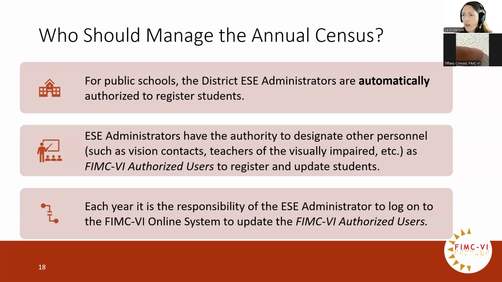So if you are on here and you are with a charter LEA, a private school, or an agency, the administrator of that school or agency is the one who is authorized as the director. Homeschool parents are also authorized to register students. So this process is our way of ensuring that only the people who are authorized have access to student identifiable information.